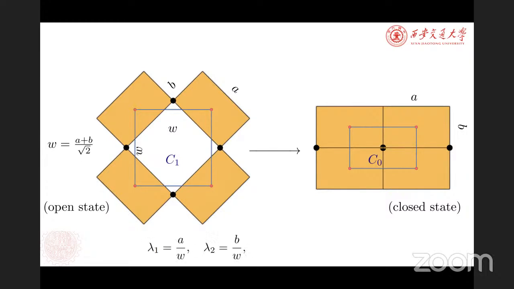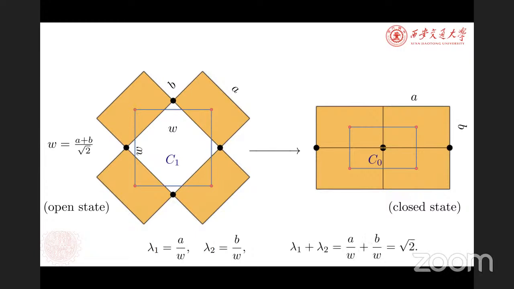We define the stretch in the horizontal direction as the ratio of A and W, and the stretch in the vertical direction as the ratio of B and W. Here lambda 1 and lambda 2 are the two stretches.